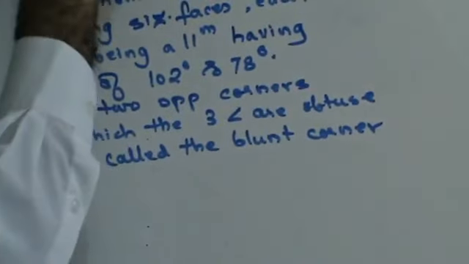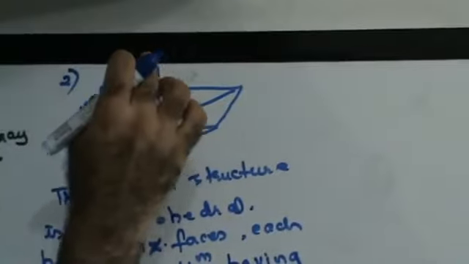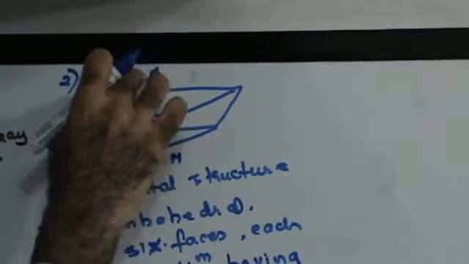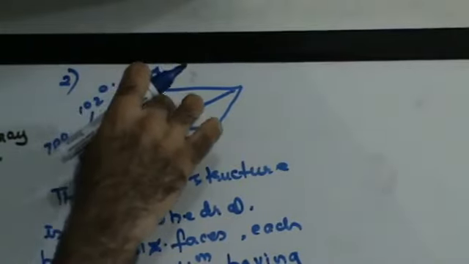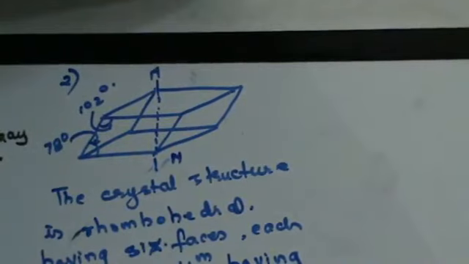So here this is one blunt corner, and I need another blunt corner where you have obtuse angle. So this is going to be the other blunt corner where you have obtuse angle. Fine, do we get this in here?